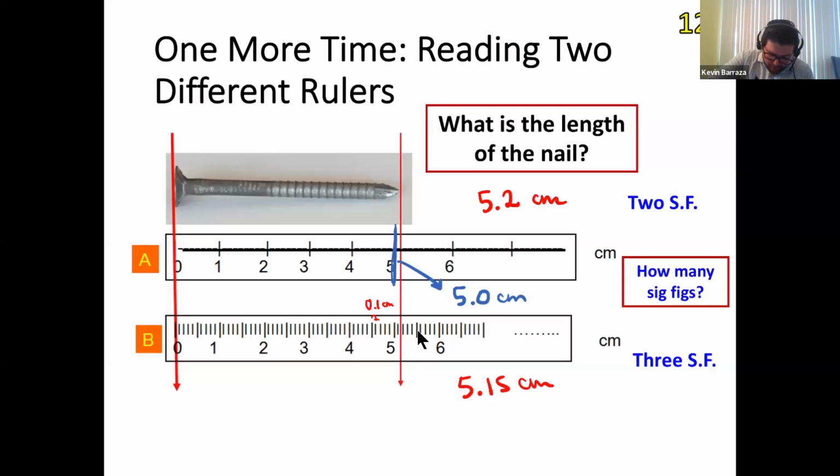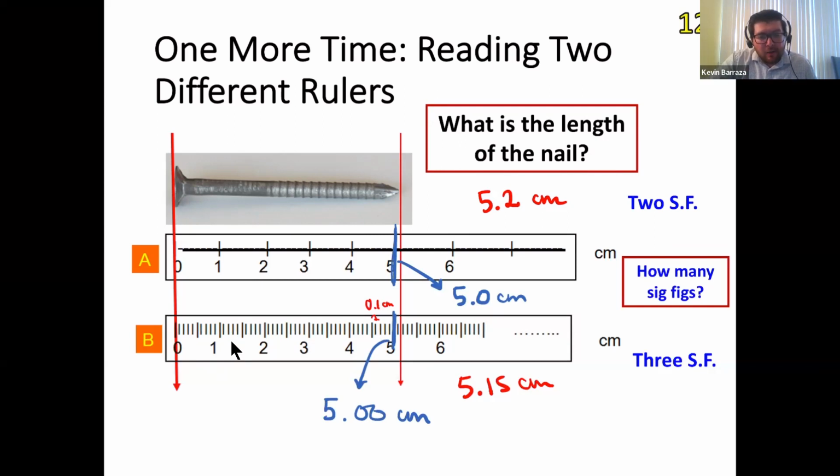What about this one? If it were right on the line of the 5, it would be 5.00. Now, again, it takes a little practice, but we always say I can go 1 more decimal place than the tick marks tell me, or 1 more digit place, I should say.